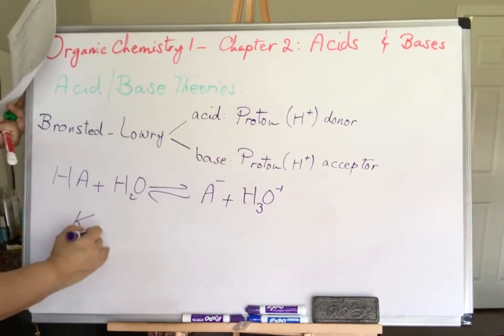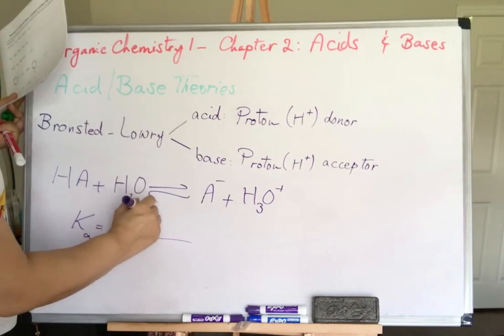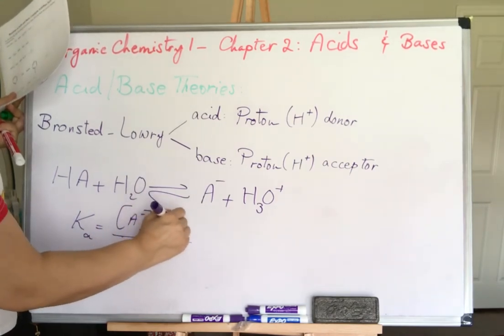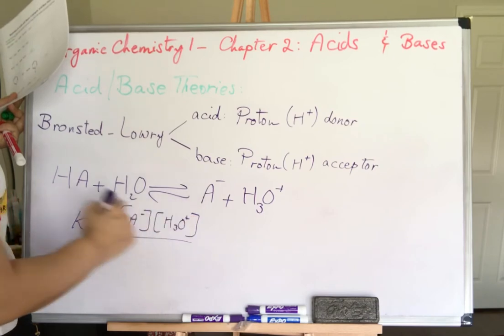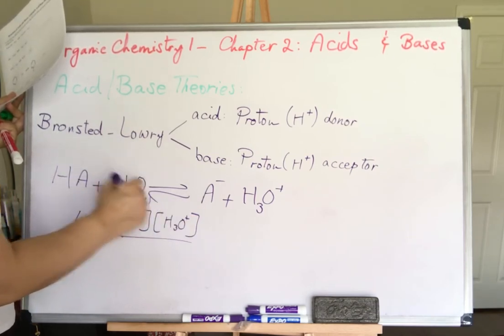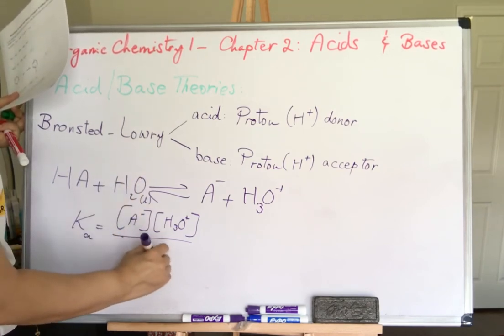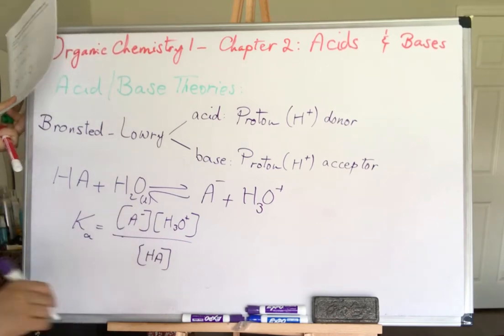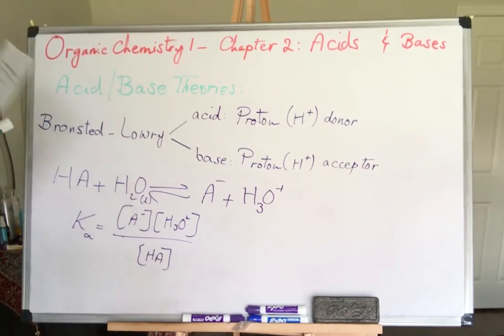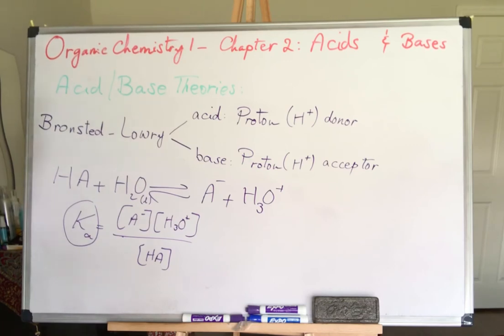We say Ka is the concentration of the products divided by concentration of the reactants minus the solvents or the liquid and solid. So water, we never write water because it's our main component.